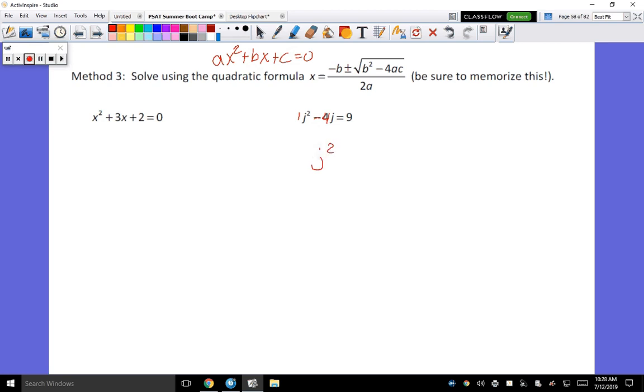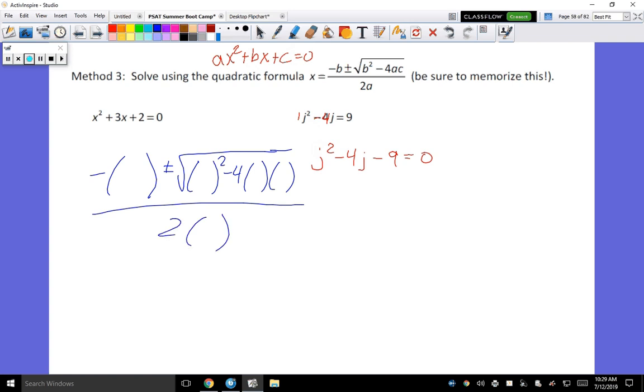So you have j squared minus 4j minus 9 is equal to 0. Now, again, we're not going to factor it by hand. We're going to go ahead and do the quadratic formula, just the setup first, and then we'll factor it by hand. Here we go. Negative b plus or minus the square root of b squared minus 4ac all over 2a.